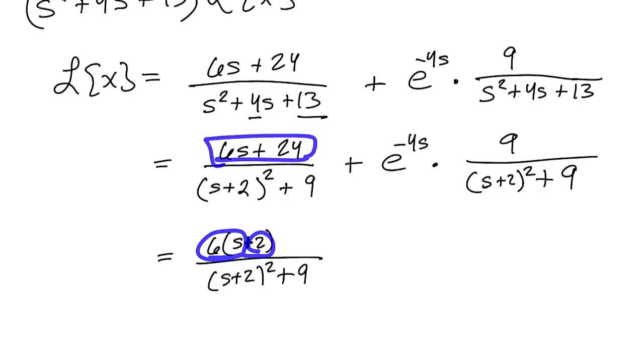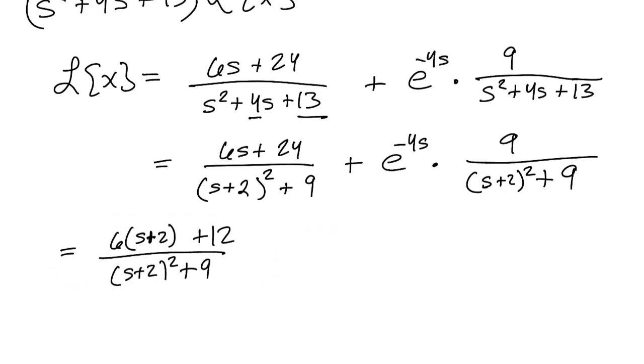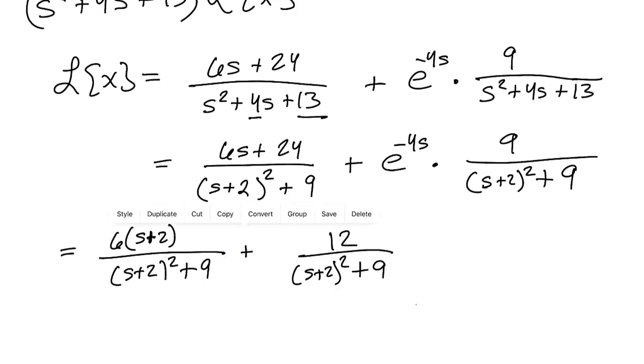And I have 6s plus 24, so there's actually an extra 12 left over. This here is equal to that because 6s plus 12 plus 12 equals 6s plus 24. And that plus 12 is going to become its own term. So I'm going to write it as 12 over s plus 2 squared plus 9 and eliminate it from the first equation.